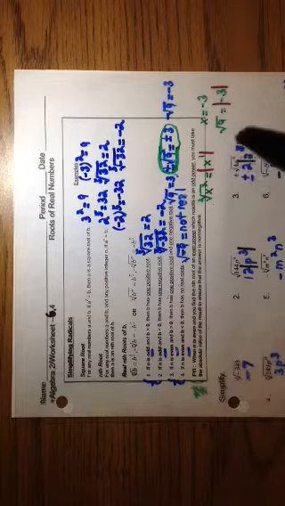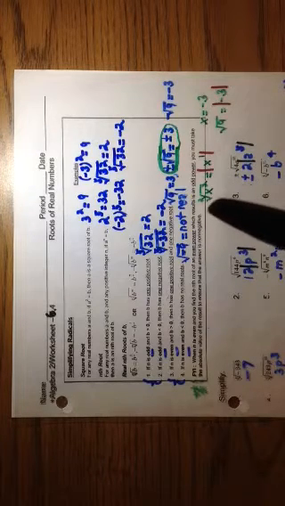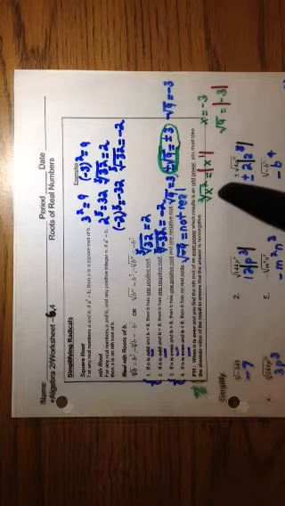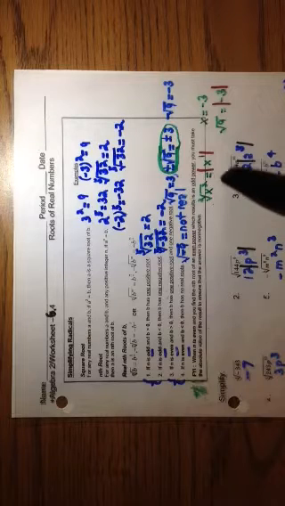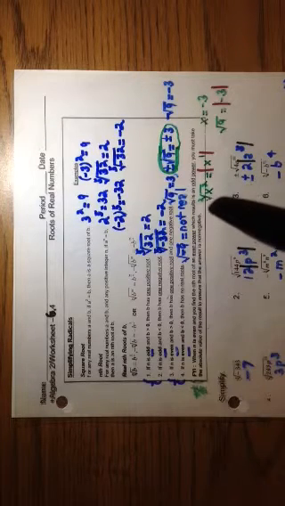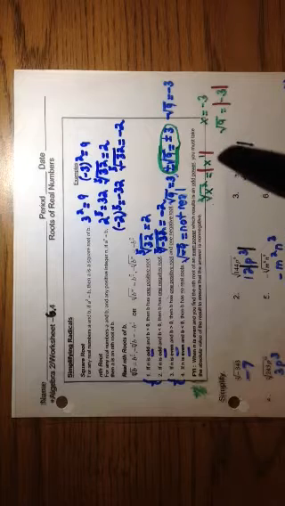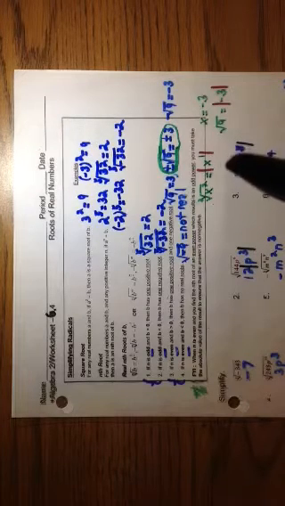So for example, right here, I am taking an even root, a square root, of an even power, x squared, and that results in an odd power because the power 2 divided by the index 2 is 1. That's an odd power. That means I have to insert absolute value bars.